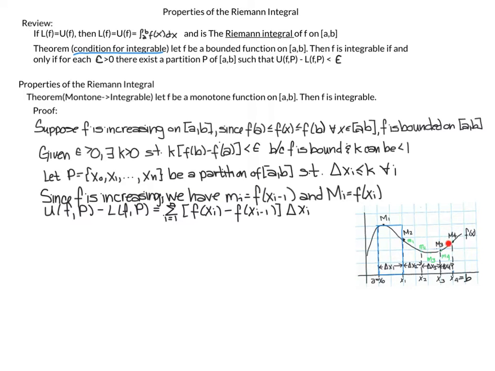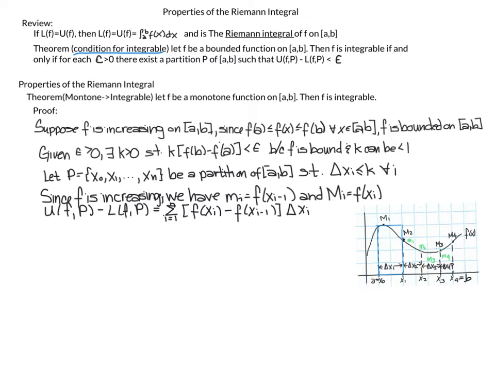Here you can see the function's increasing, so the lowest point is going to be our leftmost endpoint, x sub i minus 1. And our supremum is going to be at the rightmost endpoint, f of x sub i.